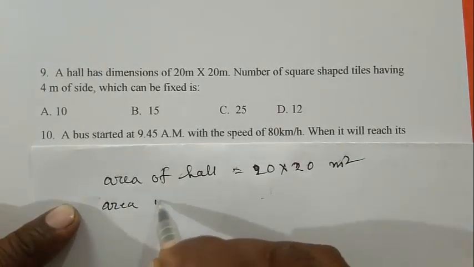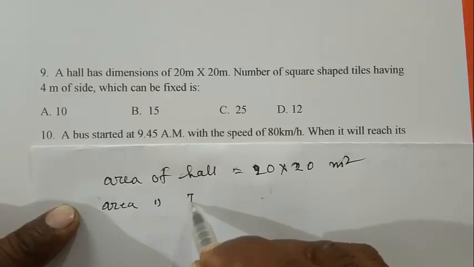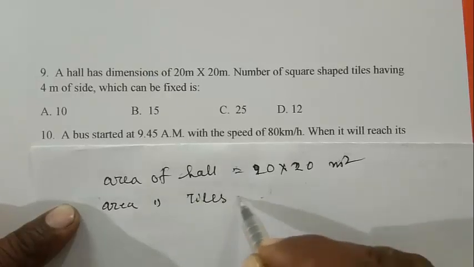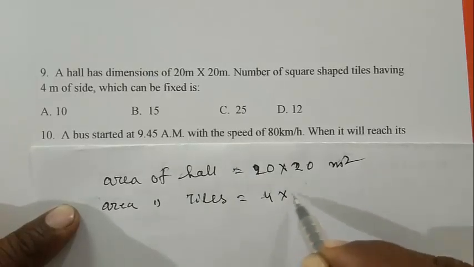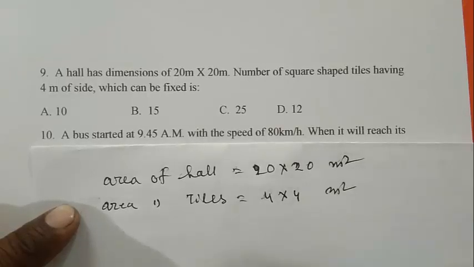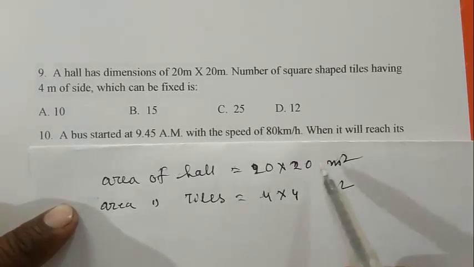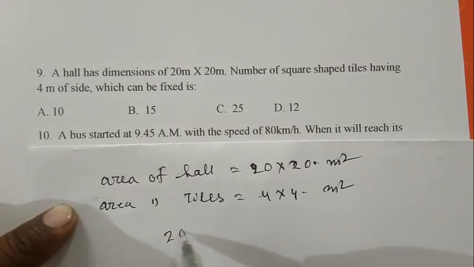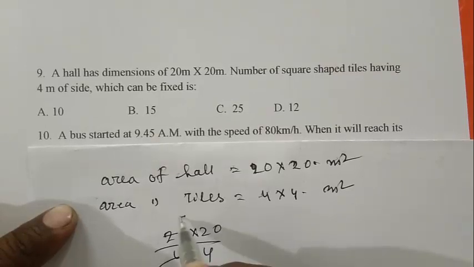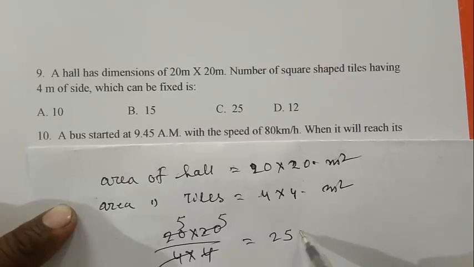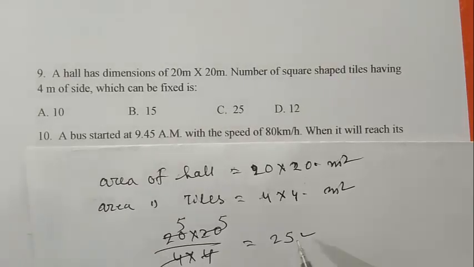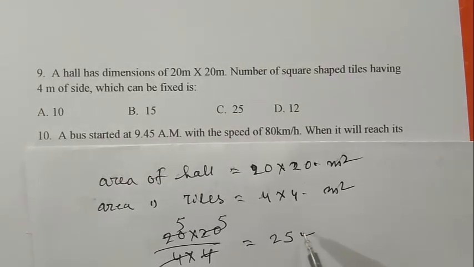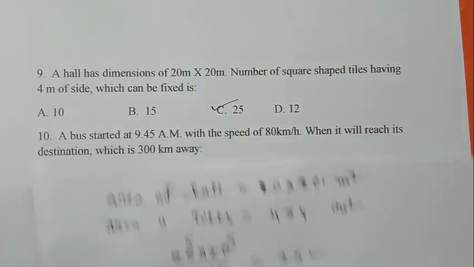Area of tile is 4 into 4 meter square. Dividing, we get 20 into 20 by 4 into 4, that is 25. So 25 tiles are required. So C is the right answer.